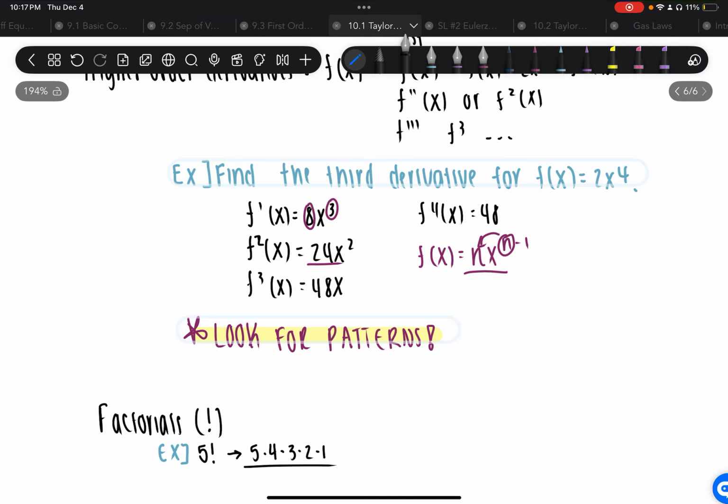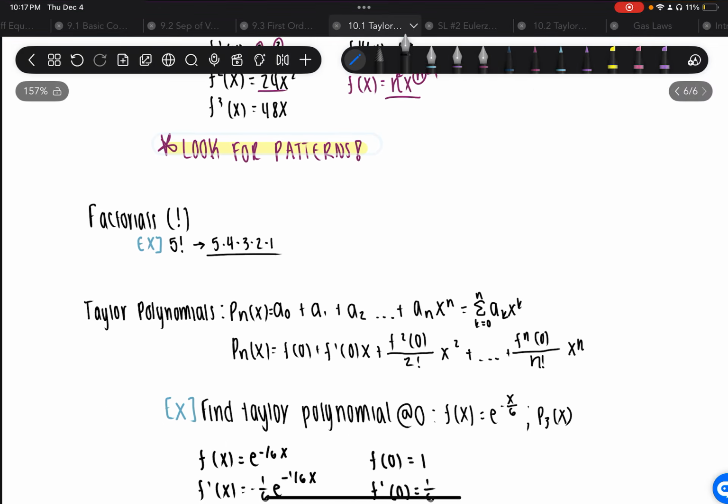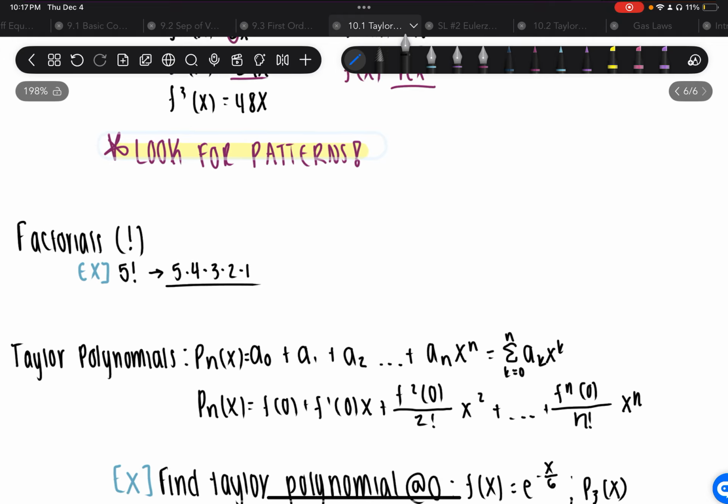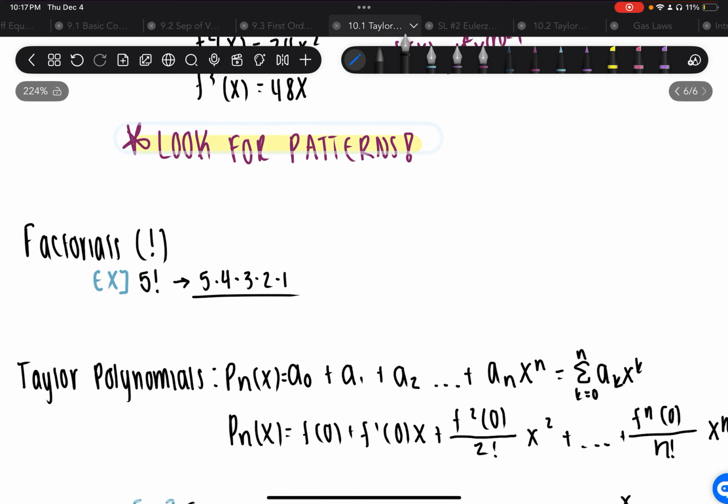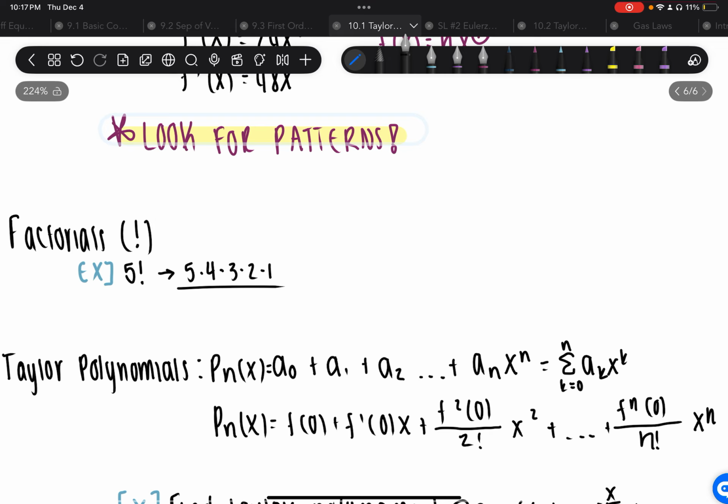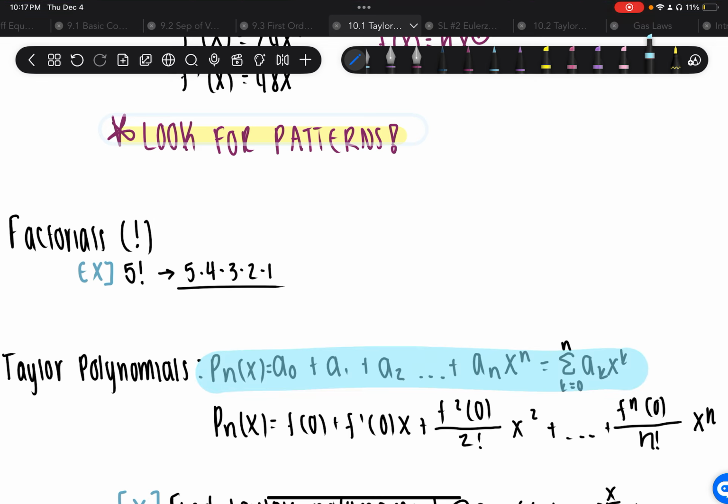Okay, now that we know some of the basics, let's look at the formula and then solve the problem. So Taylor polynomials we can solve by these two formulas right here. These are for solving Taylor polynomials if a equals 0.